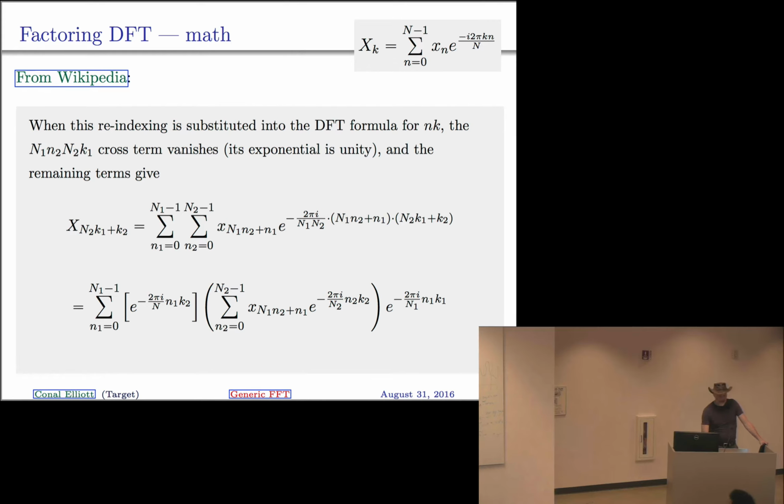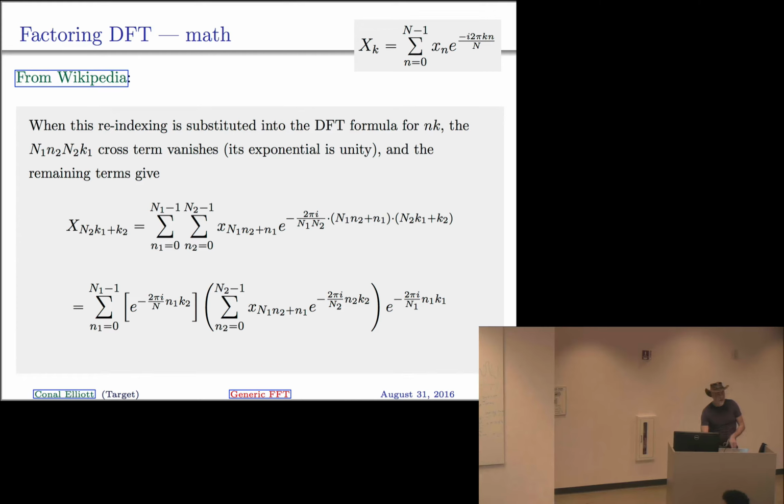And here's the cleverness. When we look at this e to the minus 2 pi i, this guy times this, if you look at this product and multiply it out, this sum times another sum, you'll find you have an n1 times n2 times something over here.